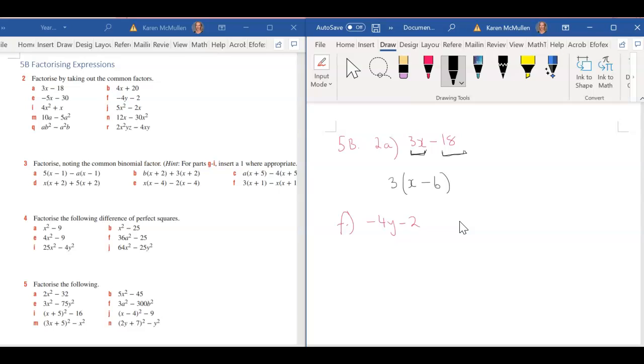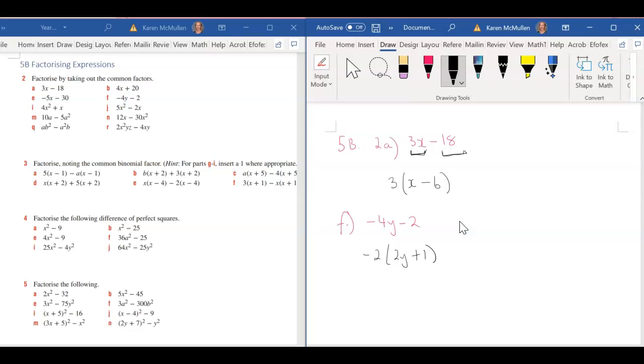All right, so in question F, we've got negative 4y minus 2. So you can take out negative. You can see both terms have a negative. And then we've got 4 and 2, so 2 is common to both. What do we multiply negative 2 by to get negative 4y? It's going to be 2y. And what do I multiply negative 2 by to get negative 2?